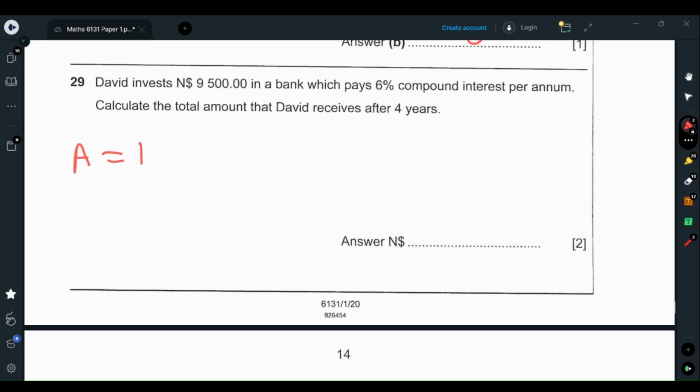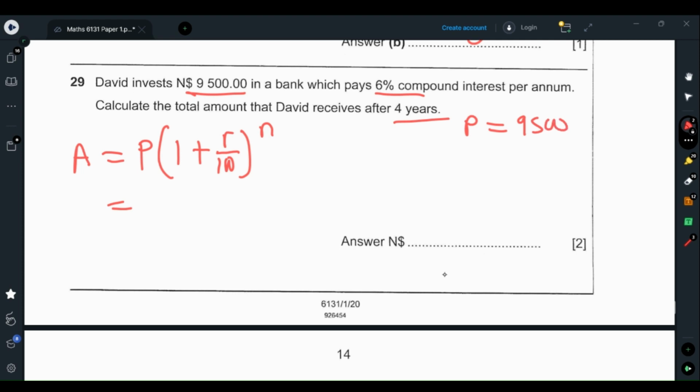The amount that David receives is equal to the principal that he invests multiplied by 1 plus the rate divided by 100, to the power n, which is the number of years that David invests. In this case, what is the principal? It's 9,500. The rate is 6%, and the number of years is 4.